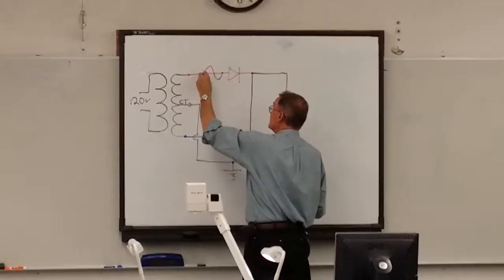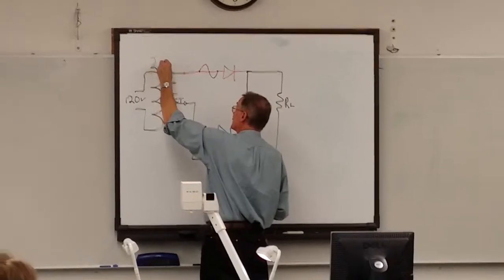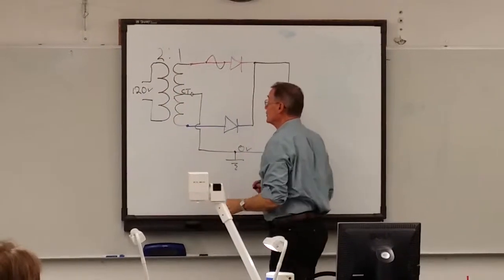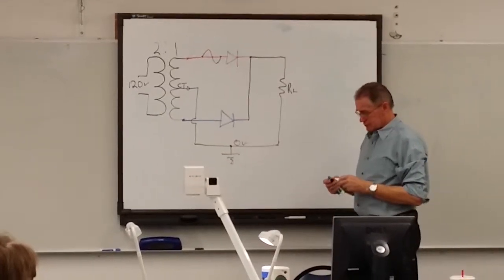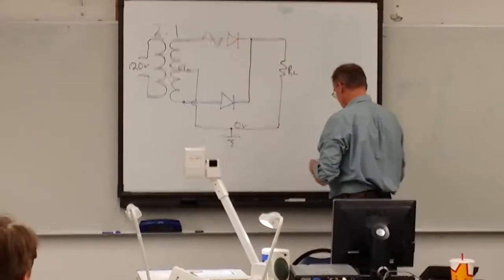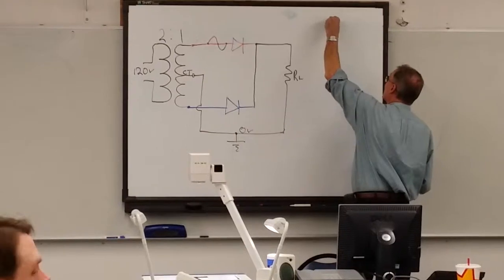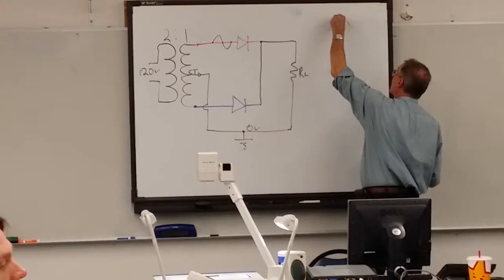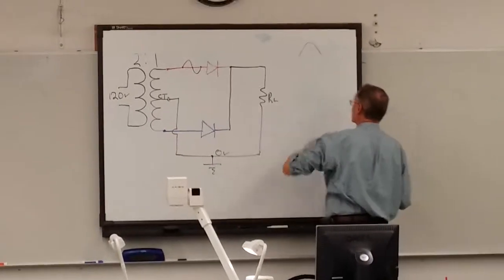Now we'll go ahead and make this 2 to 1 again, just like the last time. And let's just trace the path of current when the input is positive. And so I'll do that out here too. There's positive and negative.